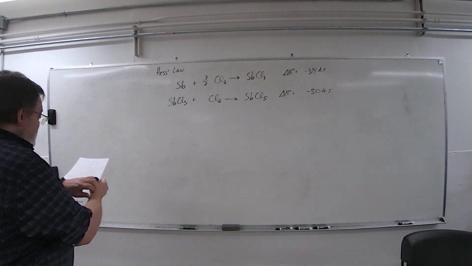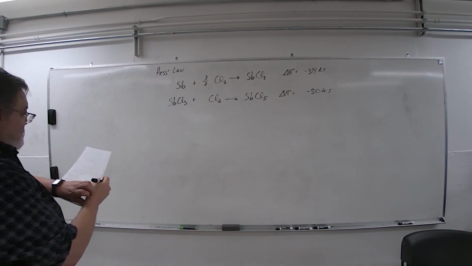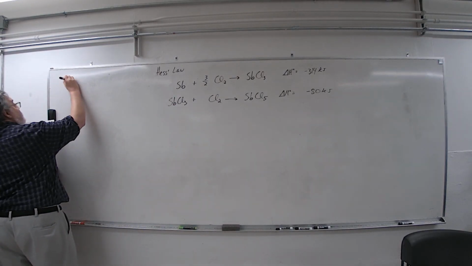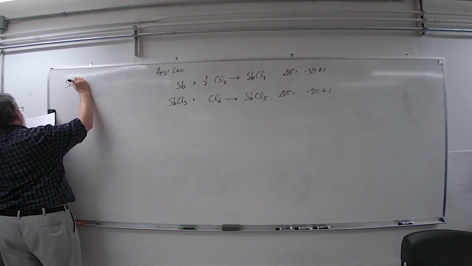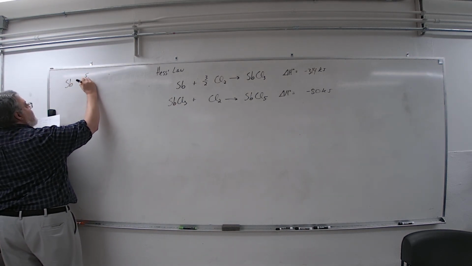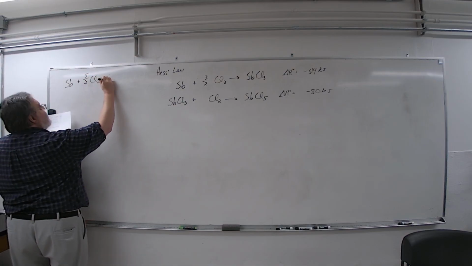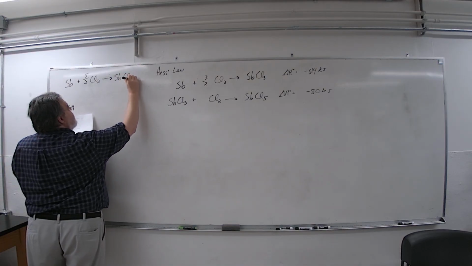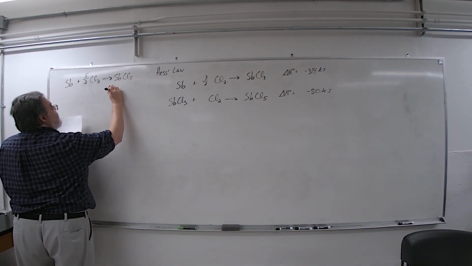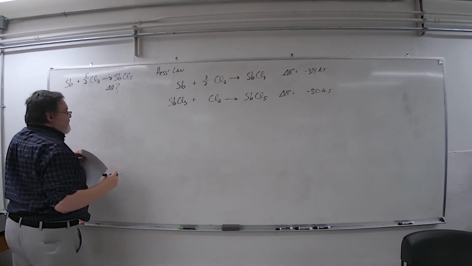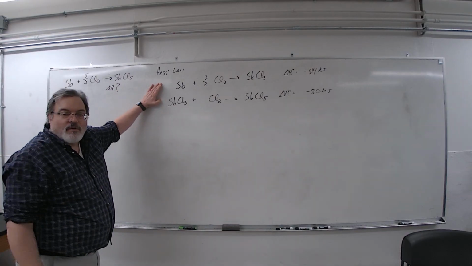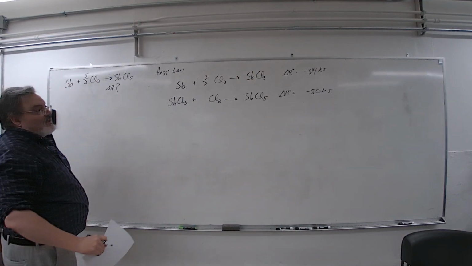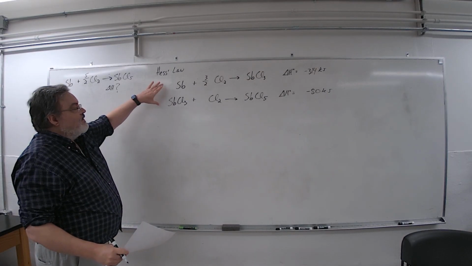Now let's say you have this reaction. This is a different reaction. It looks similar. So you have these two reactions to work with, and you have this reaction that you're trying to find the delta H for. So here's a way you can find the delta H from these reactions.